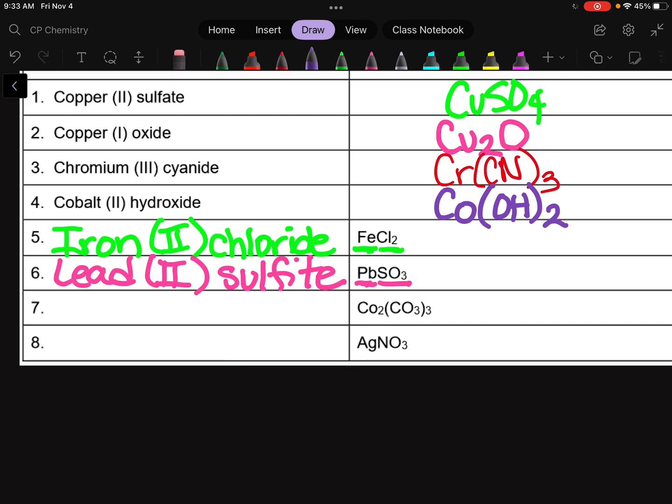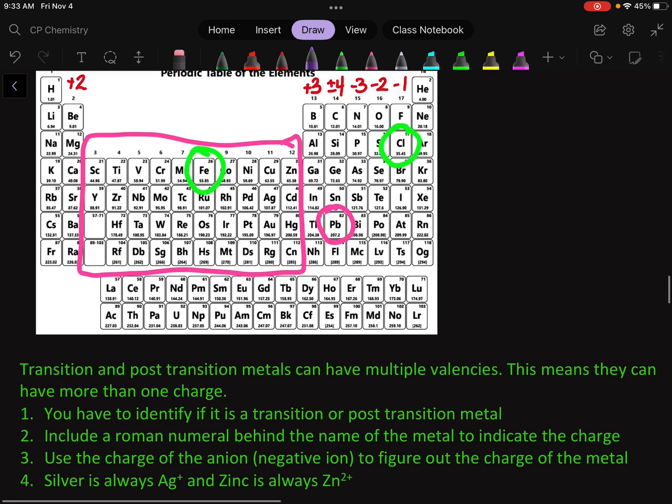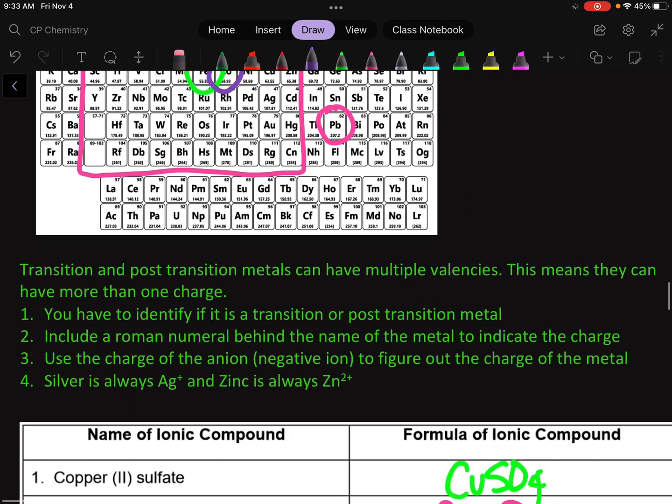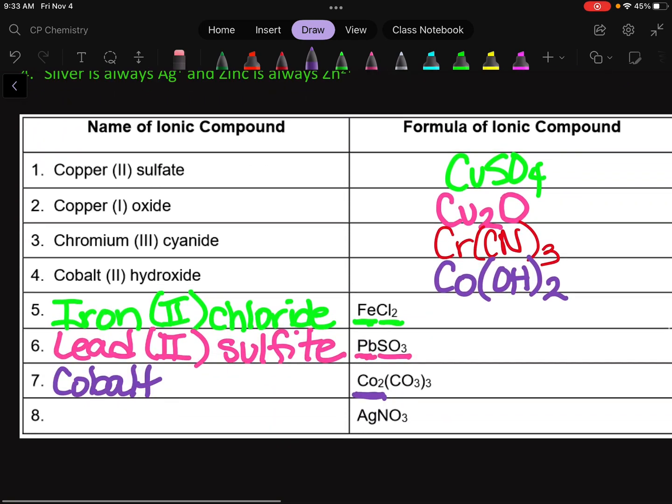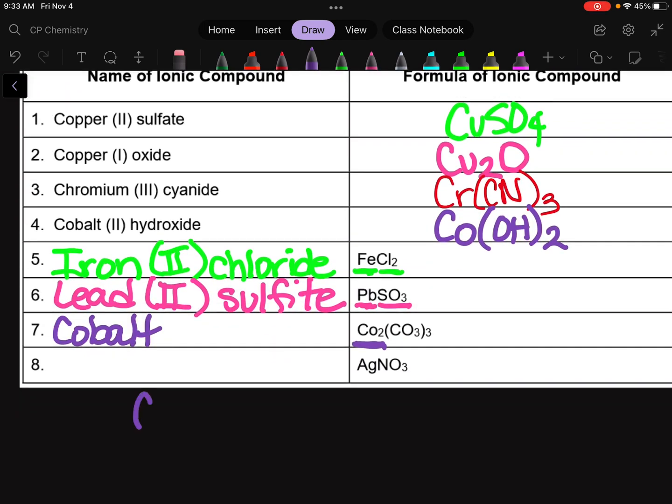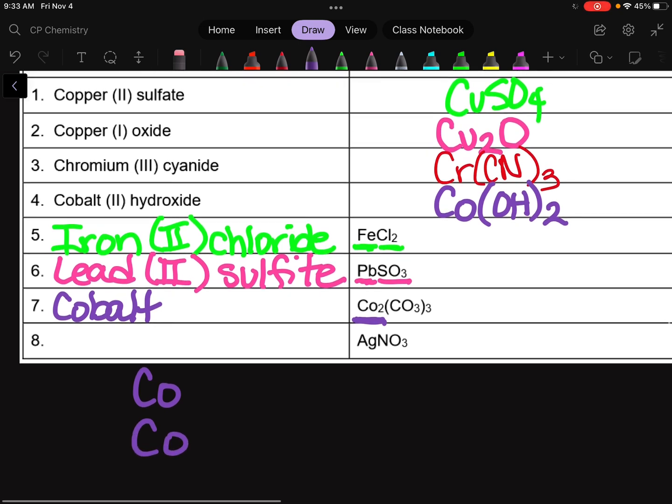The next one is Co, which is cobalt. And cobalt is right next to iron. It is a transition metal. And there are two cobalts in this compound. Okay, and it's bonded to CO3, which is carbonate. We're going to need a Roman numeral and then carbonate.